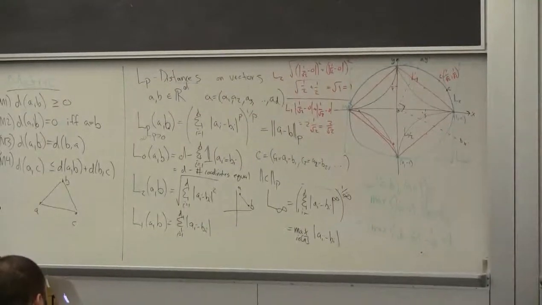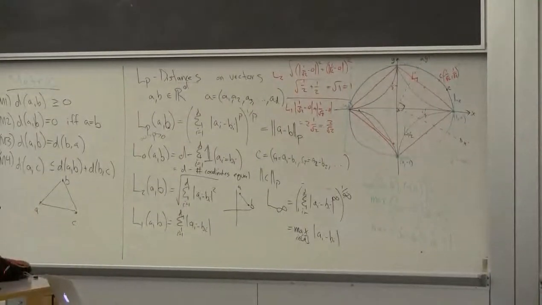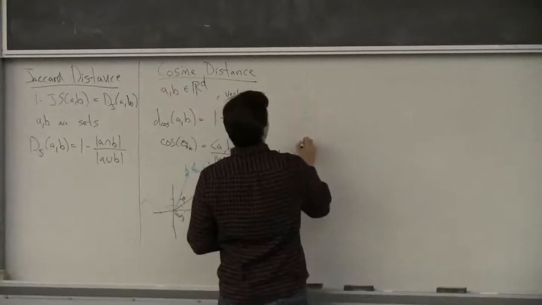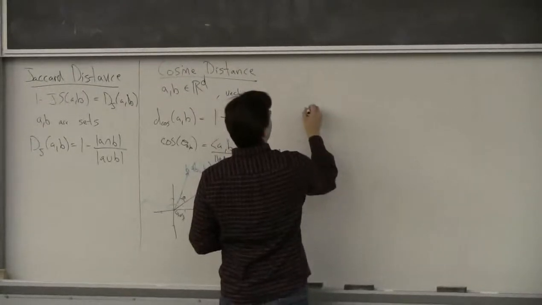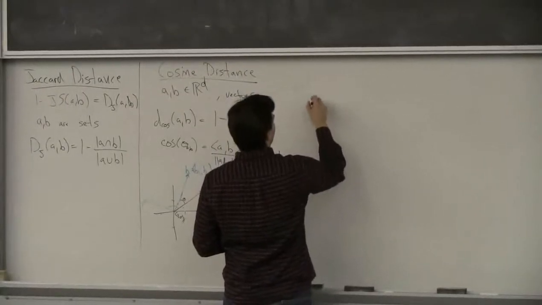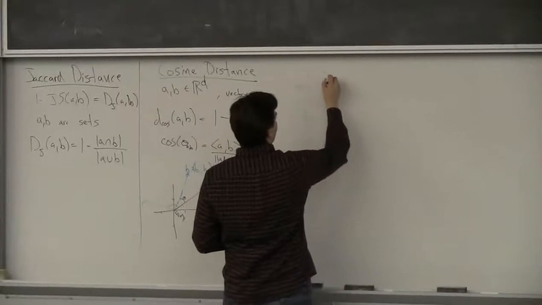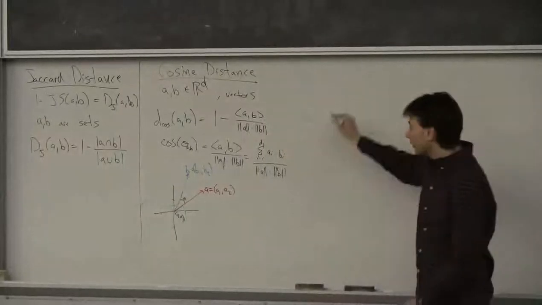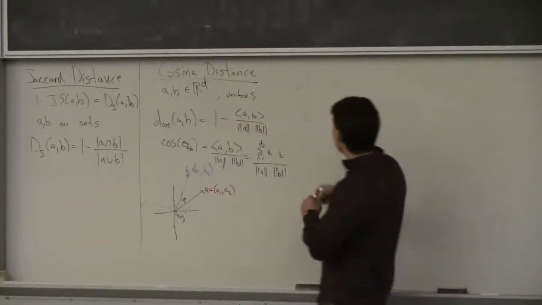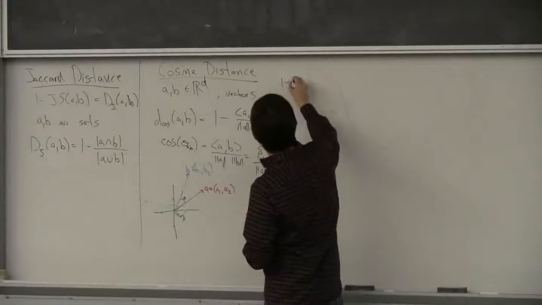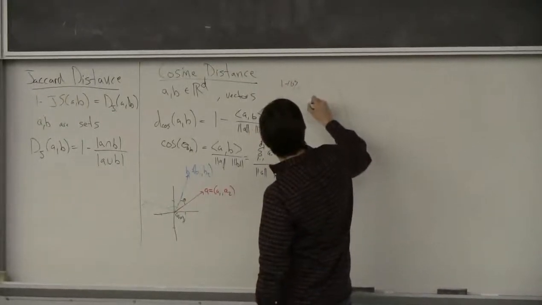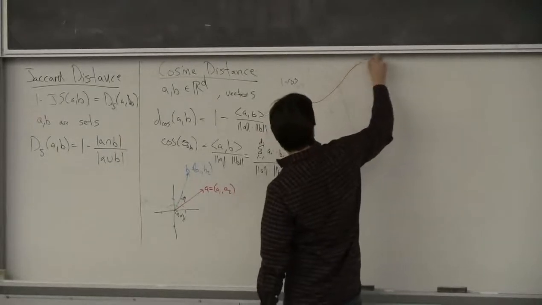Okay, so let's draw this. That's the condition for cosine, and this is the condition for metric. This is cosine, this is the angle. It starts at 1 and it goes down like this. So this is cosine, then 1 minus cosine is going to start at 0 and go up to 2.